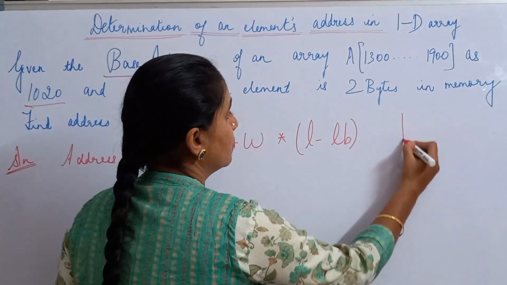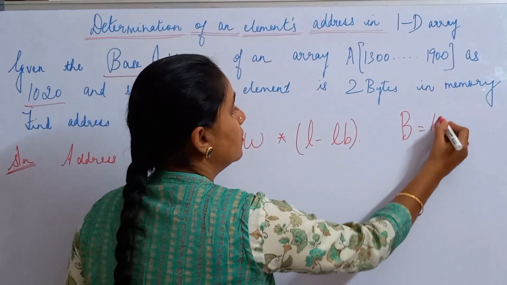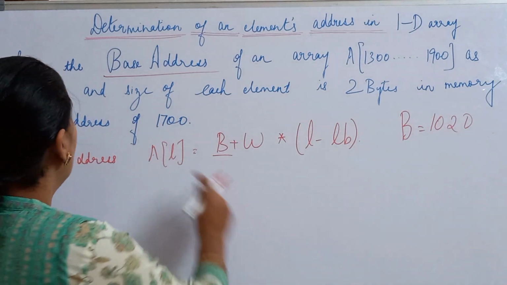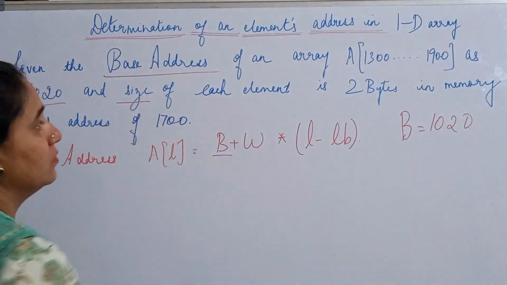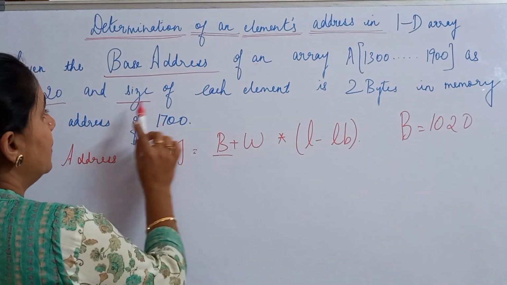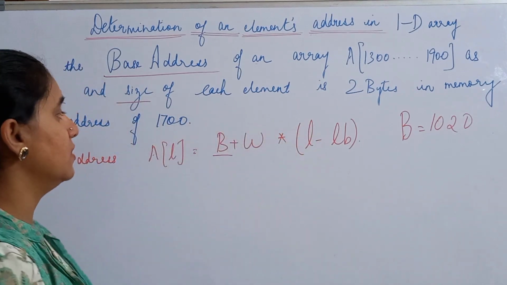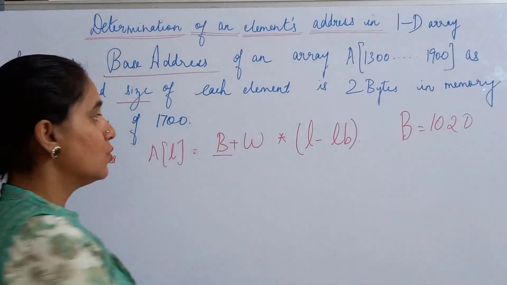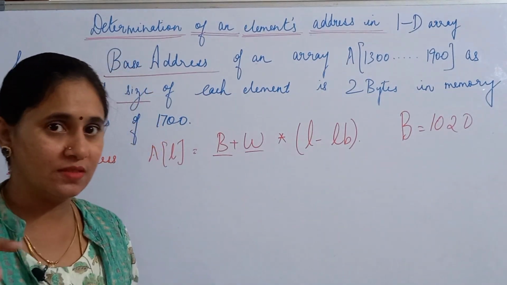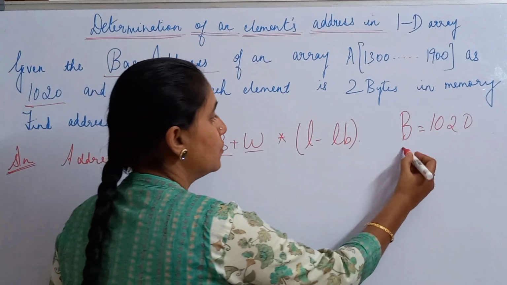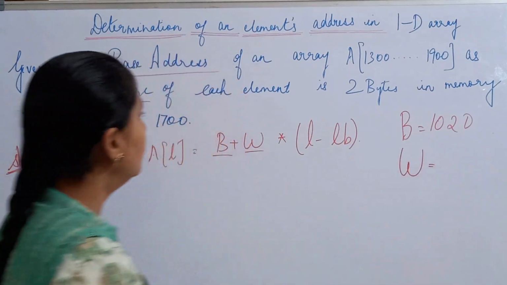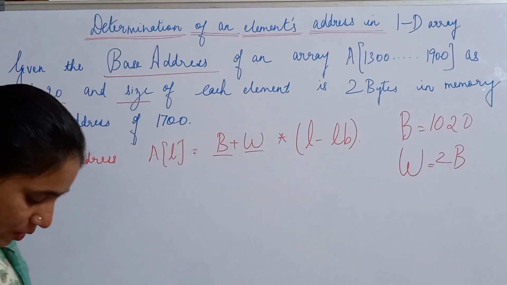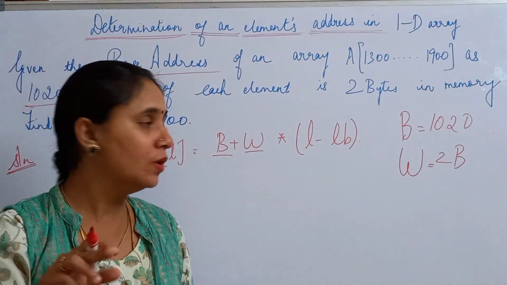So write it here: B is equal to 1020. Next, the size of each element is 2 bytes. Here W refers to the size, so the W value is also given: W is equal to 2 bytes.